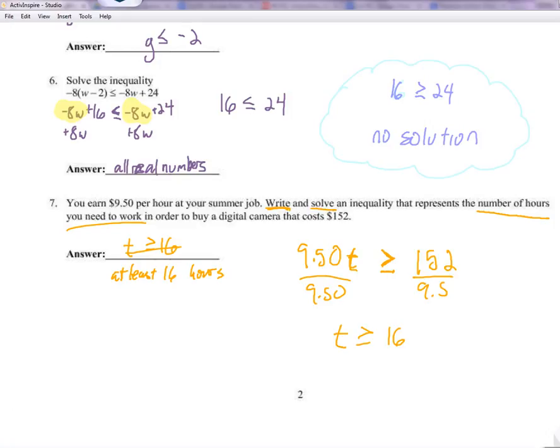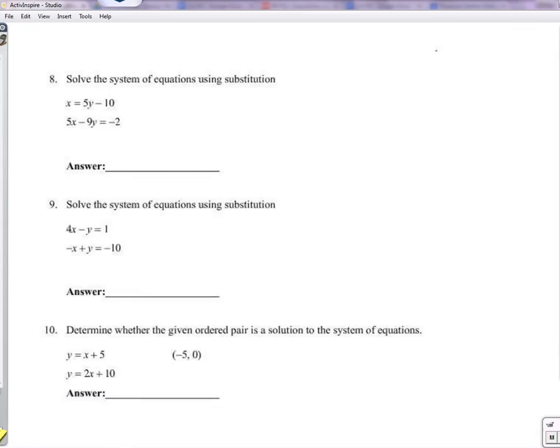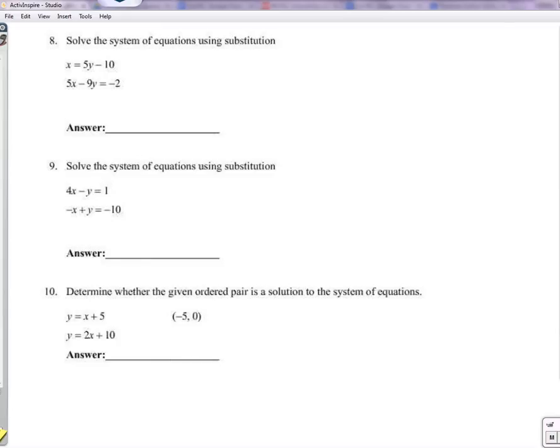All right, next page, number 8. Solve the system of equations using substitution. Okay, so basically in one equation, we're going to plug in a value for either x or y that we know is the same as that x or that y, okay?